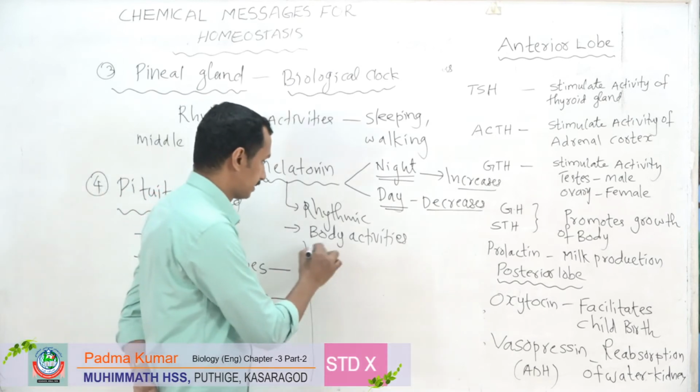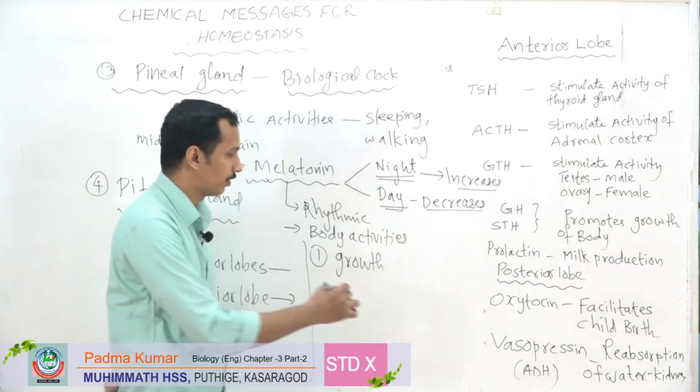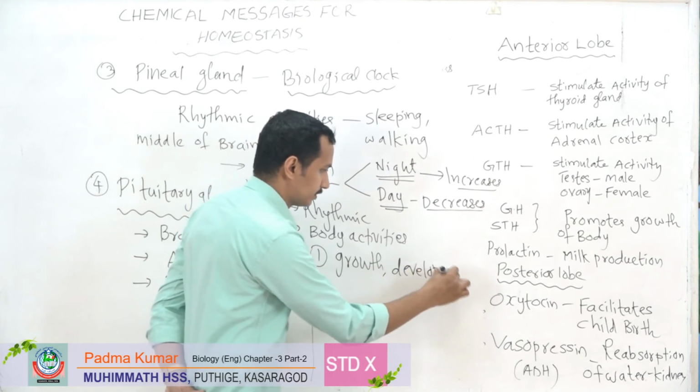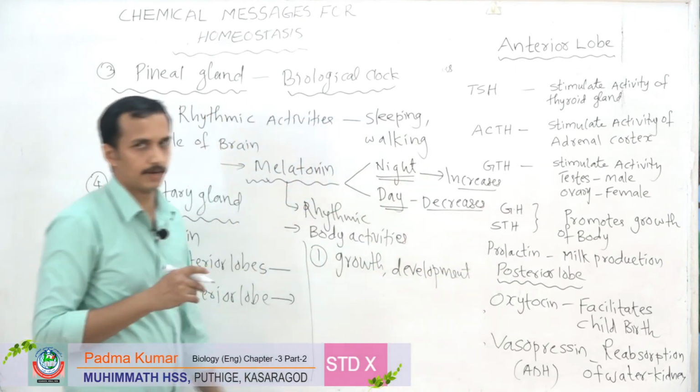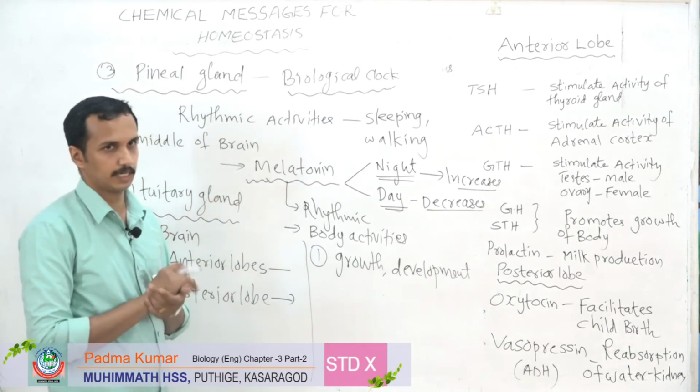Now, there are some important functions associated with the pituitary gland. First, we can write it is associated with the growth activities, that is growth and development of our body. The growth and development of body is controlled by pituitary hormone.